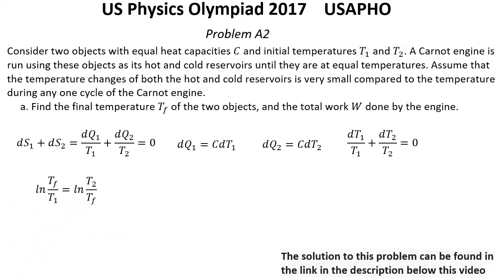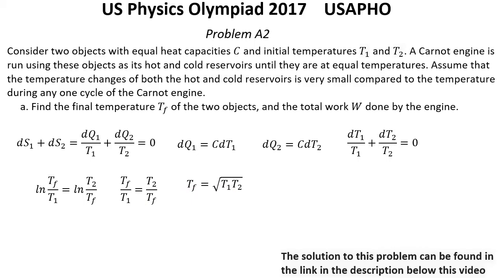It means that Tf over T1 equals T2 over Tf, and finally we have Tf equal square root of T1 multiplied by T2. Let's count what is the work W done by the engine.